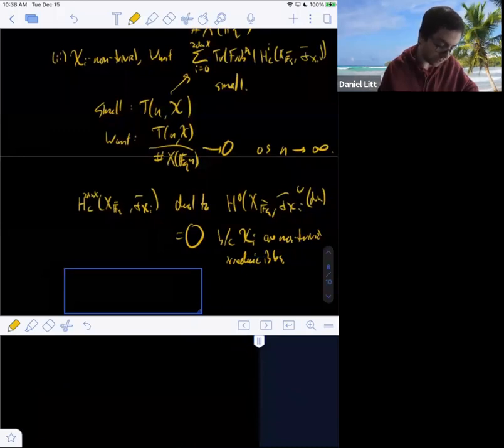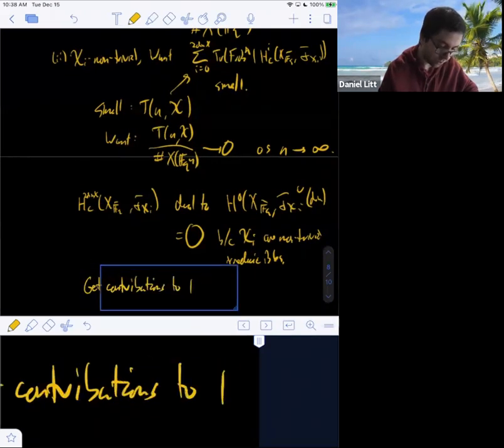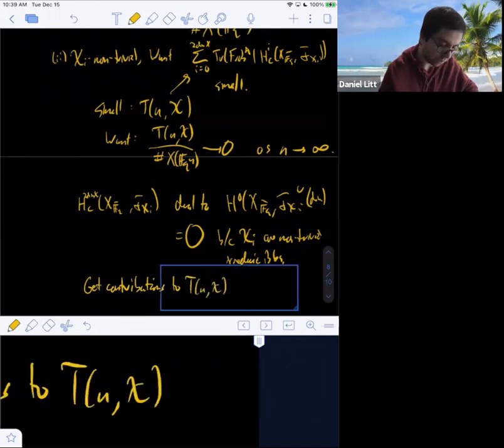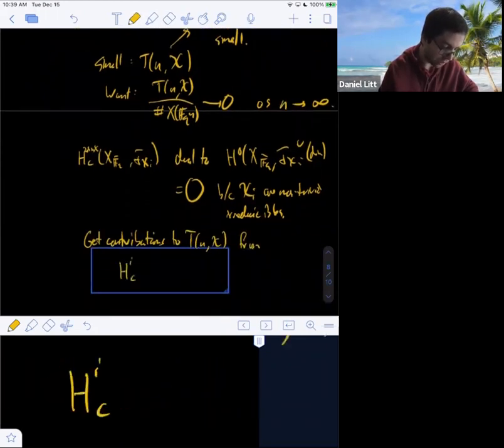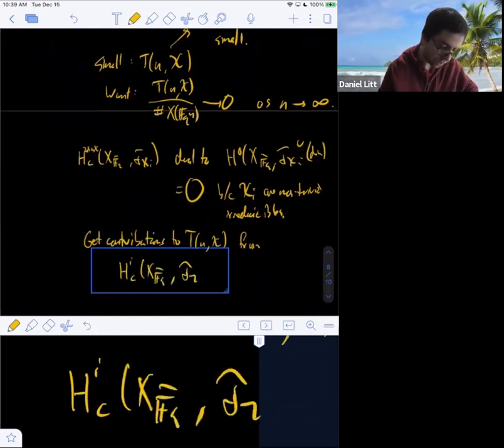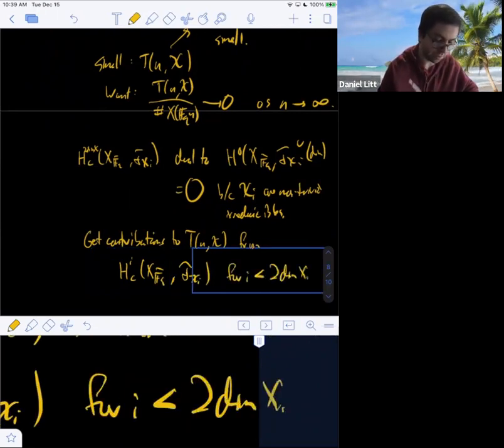So what that means is that we get contributions to the sum T_n chi from H^I with compact support, x F_q bar, F chi I, for I strictly less than twice the dimension of x.